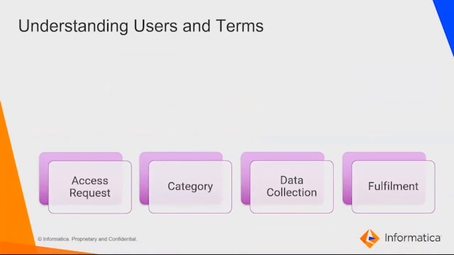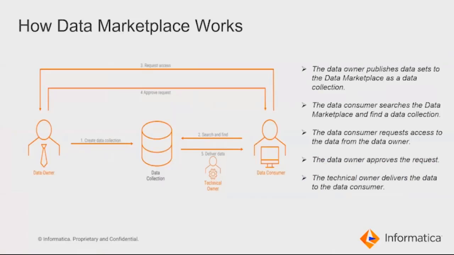So what activities can be performed? Consumers can raise an access request within a data collection and a specific category, and data owners can approve it and fulfill the data requests which are raised. How does data marketplace work? A data owner creates a data collection within the data governance product.